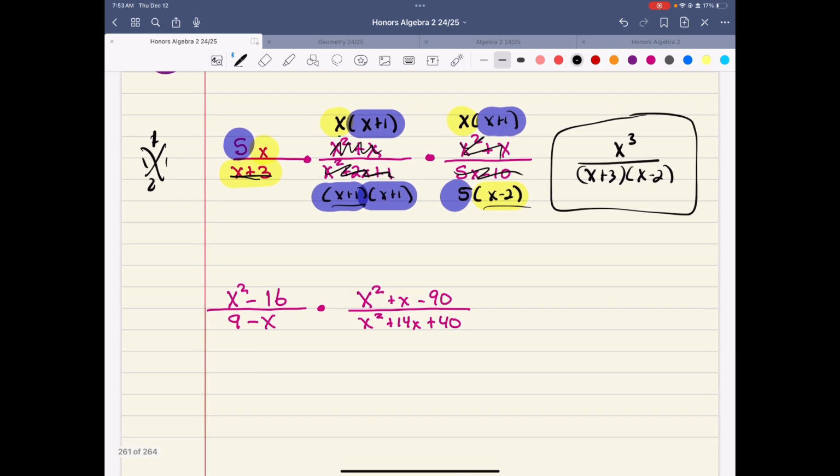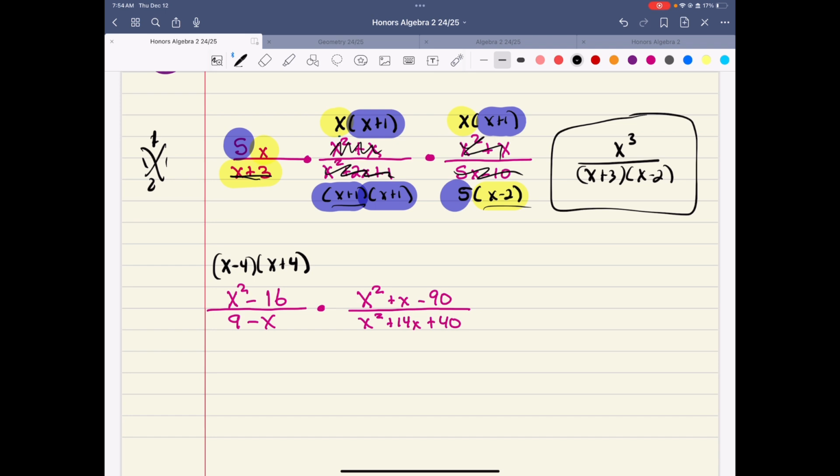Okay, so if we look at this next one, we've got x squared minus 16, which can be factored. So it's difference of squares, so x minus 4, x plus 4. Now this next one, it's 9 minus x, and what we want to do with this one is we want our x to come first.